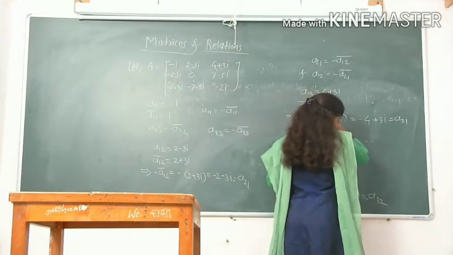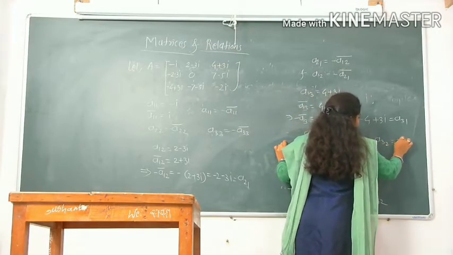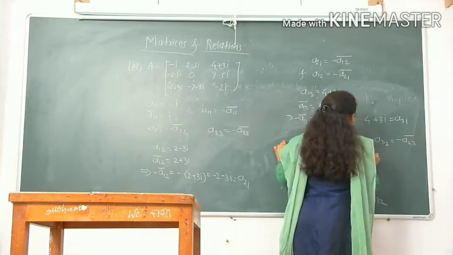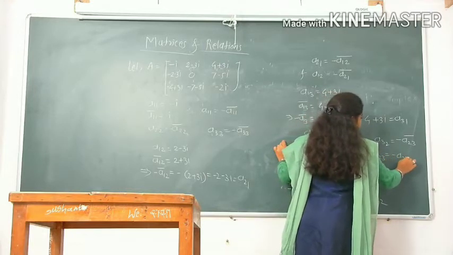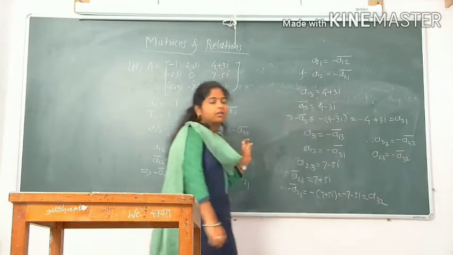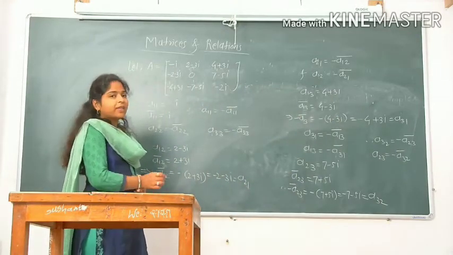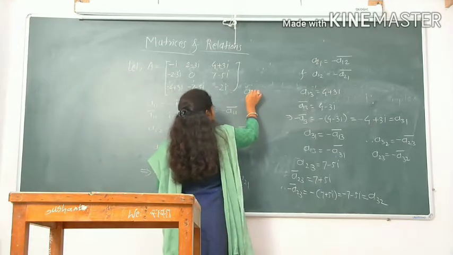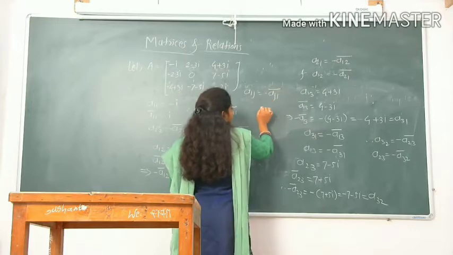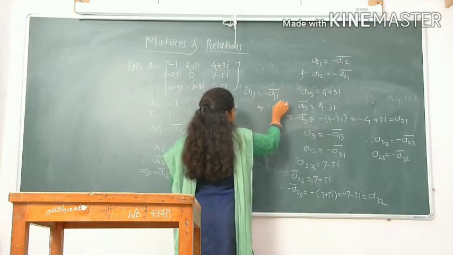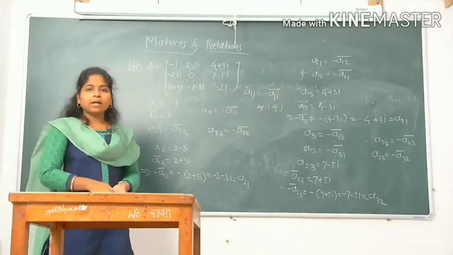Therefore, A32 is same as minus A23 bar. Similarly, we can get A23 is equal to minus A32 bar. Therefore, here we have Aij is equal to minus Aji bar for all i and j. Therefore, this matrix A is a skew-symmetric matrix.